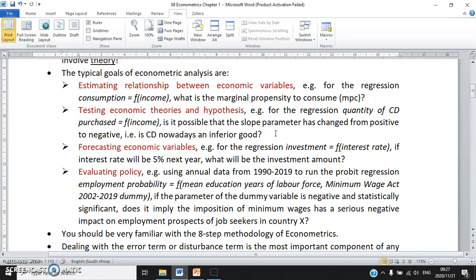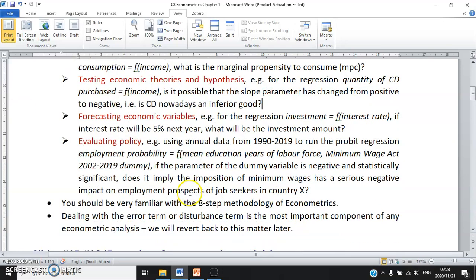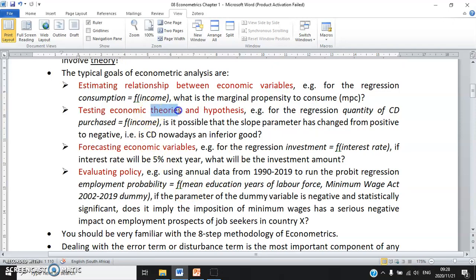So I want to know the usual theoretical thinking that CD is a normal good. Does it still hold now in the 21st century? I start to think that CD should nowadays be an inferior good because if you think about the youngsters, I think they no longer purchase CD. I think they will download MP3. So we want to challenge this theory, to be honest.